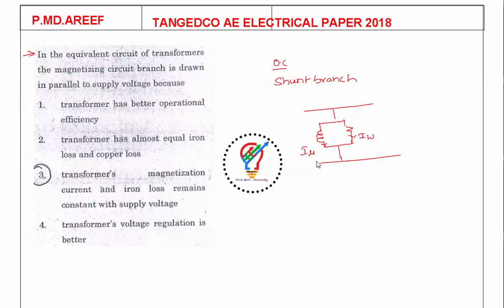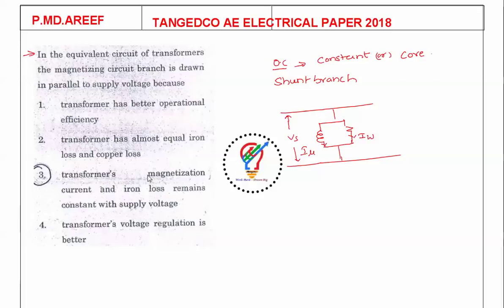As we know, the core losses are constant losses, depending upon the supply voltage and frequency. We perform the open circuit test for finding constant losses, also known as core losses.